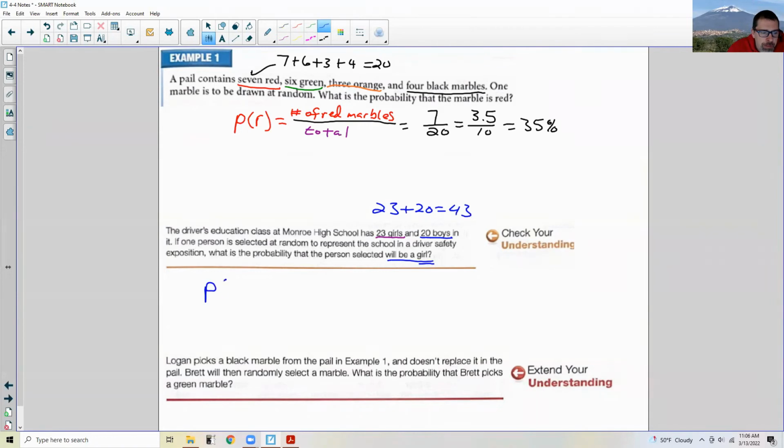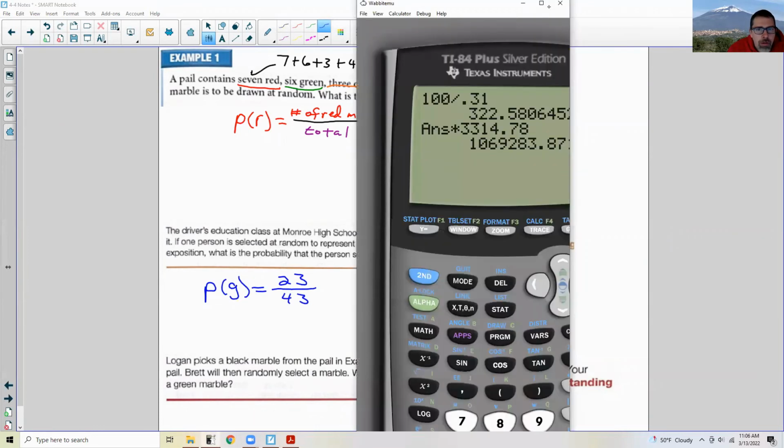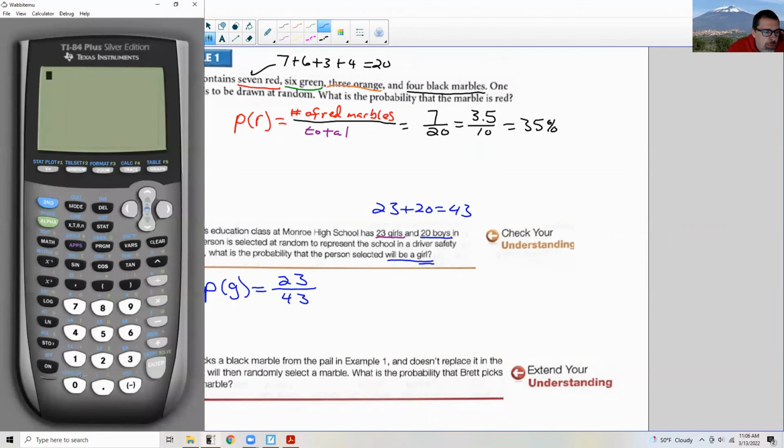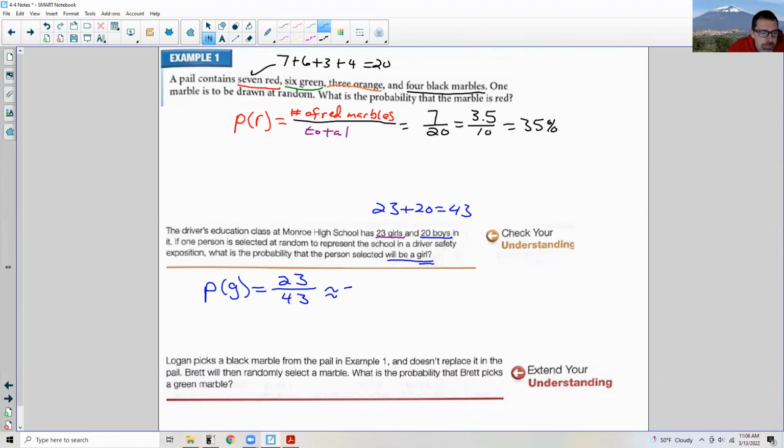So the probability of a girl being selected equals the number of girls, okay, I'm not going to write this every time, number of girls divided by the total. Okay, so if we get our calculator out and we take 23 divided by 43, that is approximately 53% chance that a girl is chosen.